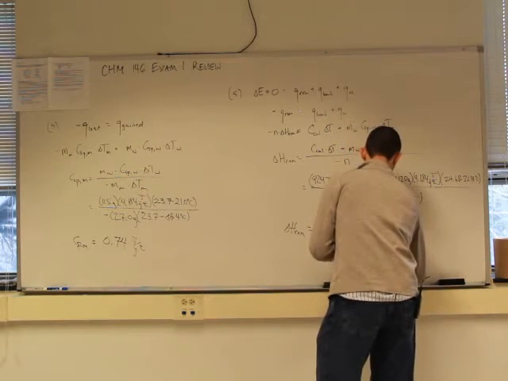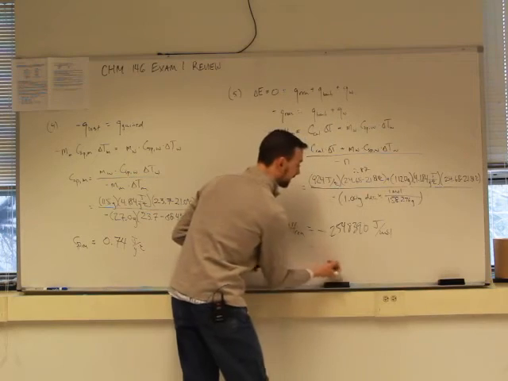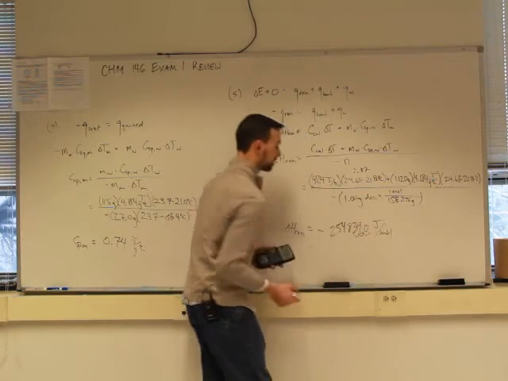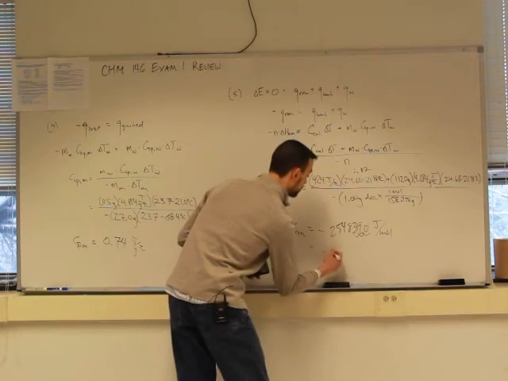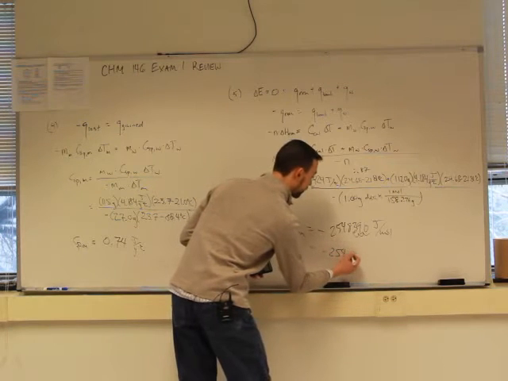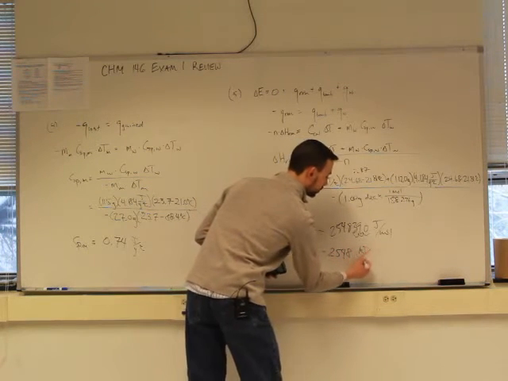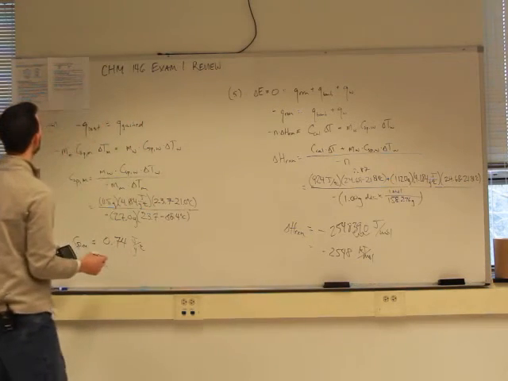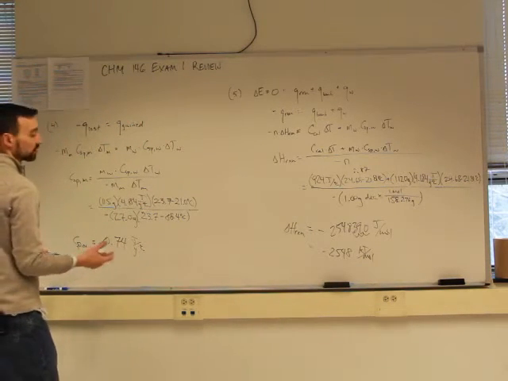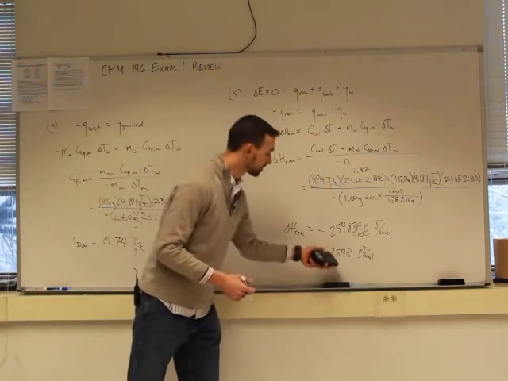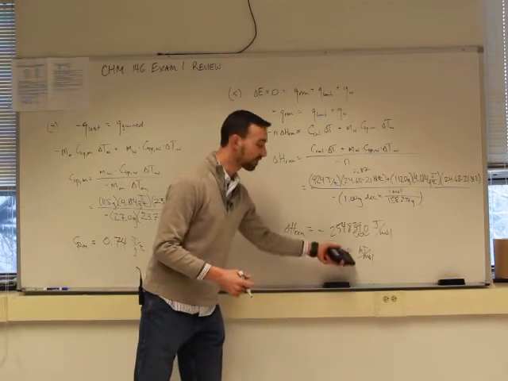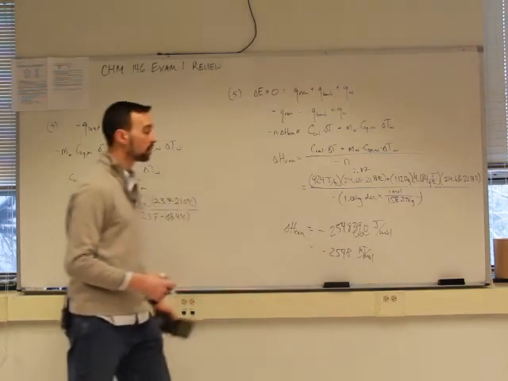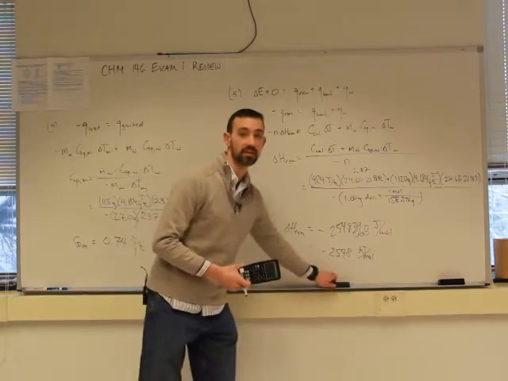That is joules per mole, or on a kilojoule scale, because we often express these in kilojoules, this would be negative 2,548 kilojoules per mole. And to 3 significant figures, that would be 2,550, or 2.55, which is what I've put in the answer key on your sheet.